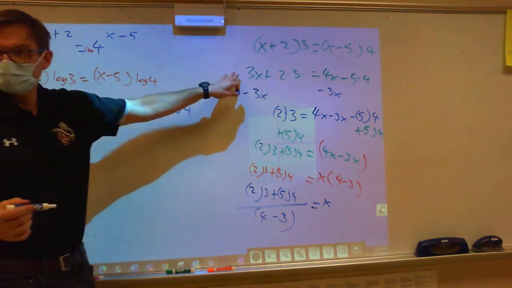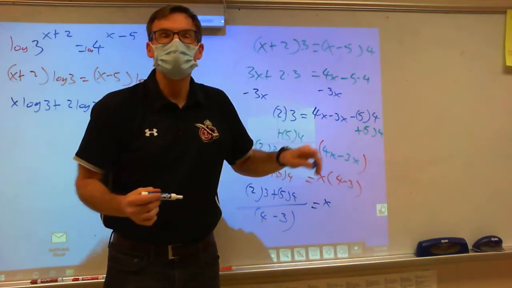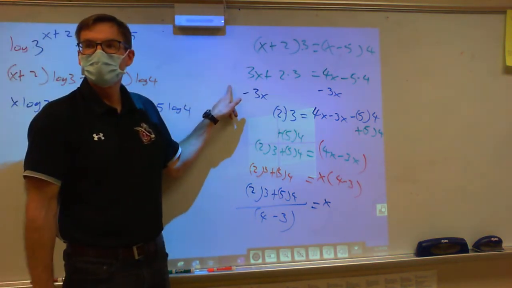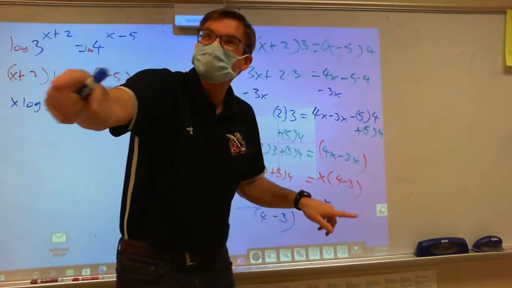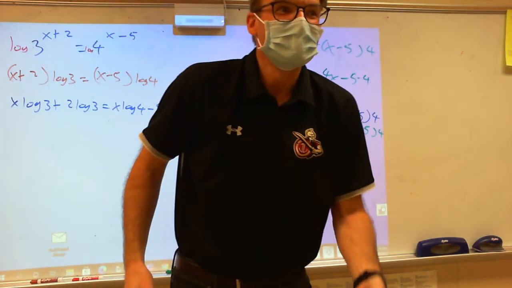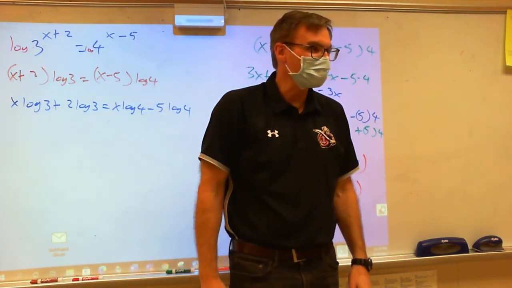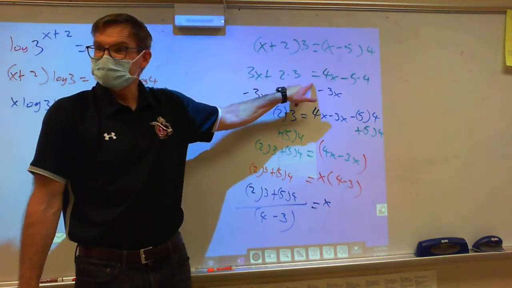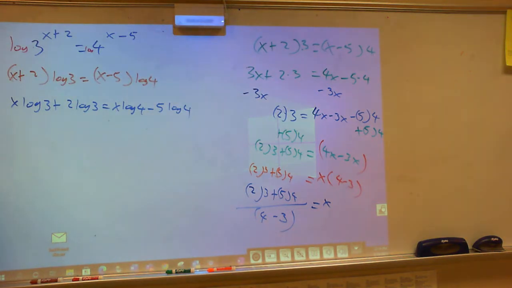Notice I'm doing the same thing here, right? Now what do we do? Get the x's on the same side, right? Notice we had to subtract the 3x from both sides. What are we going to do here?